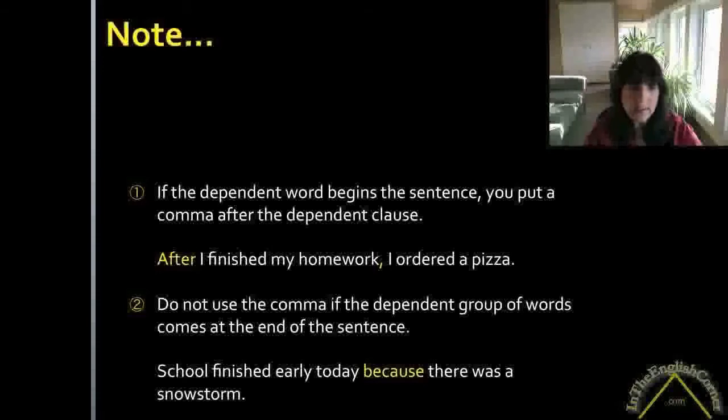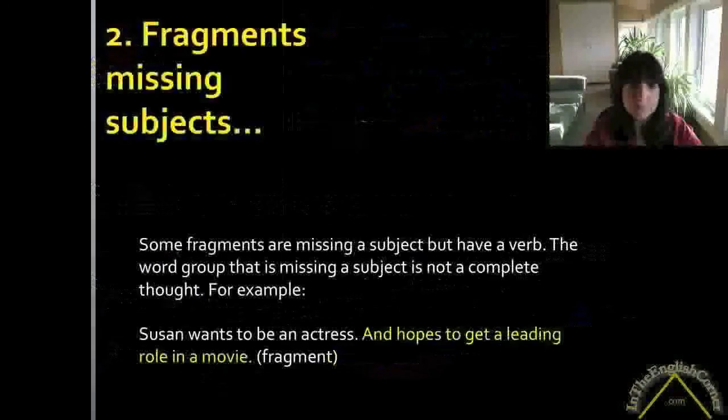In the second example, do not use the comma if the dependent group of words comes at the end of the sentence. School finished early today because there was a snowstorm. The dependent clause, because there was a snowstorm, comes in the second half of the sentence. Therefore, you do not put the comma before the word because.